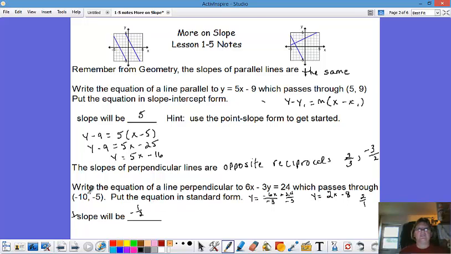All right, now we should be good to go with our point-slope form. y minus a negative 5, so y plus 5 will equal negative 1/2 times x minus negative 10, that's x plus 10. And now we're going to go for standard form, and that means everything on one side equaling 0 on the other.